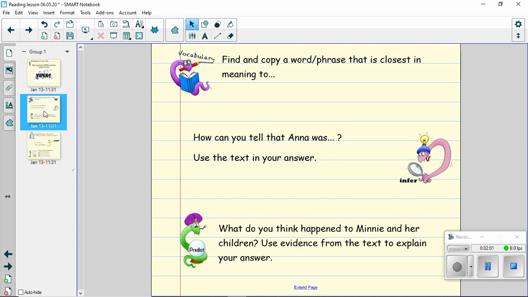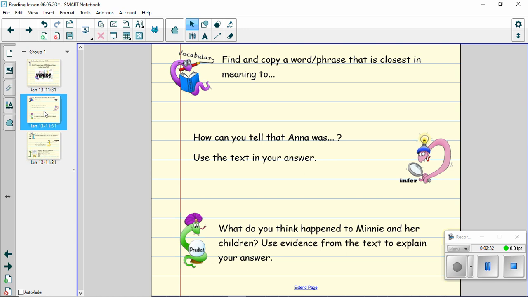So my answer would be something like, I know that Anna was calm when she heard that the Titanic had struck an iceberg, because in the text it says Anna wasn't scared, but others fainted. So it's not directly said in the text anywhere that she's calm, but the fact that it's saying that she wasn't scared and other people fainted, that's giving me the impression that she was calm. Obviously, she probably wasn't later on, but in that initial instance she was.